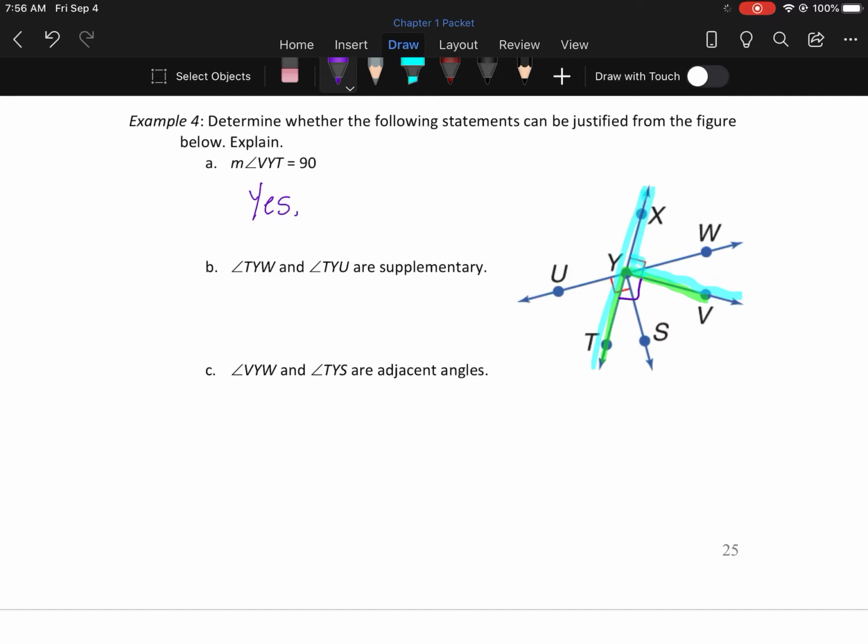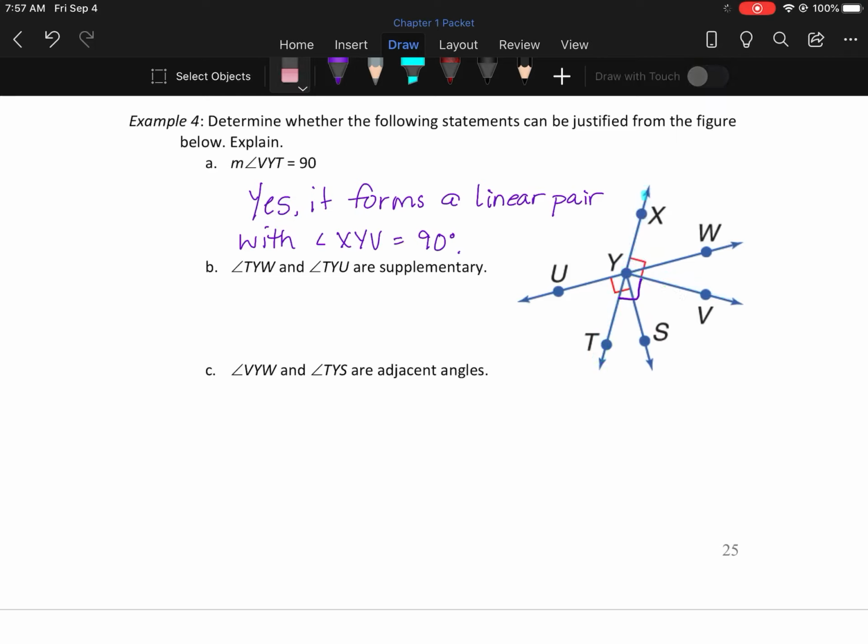Okay, we can say it forms a linear pair, I guess I should say with angle XYV, which is equal to 90 degrees. Okay, so that's our response for part A.